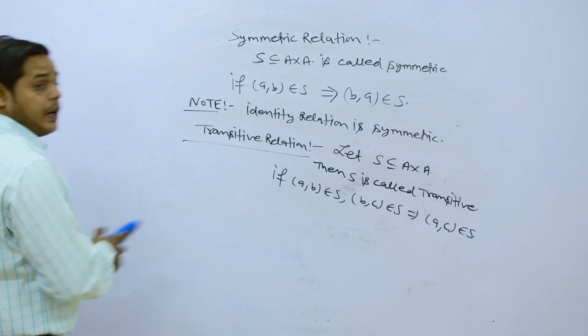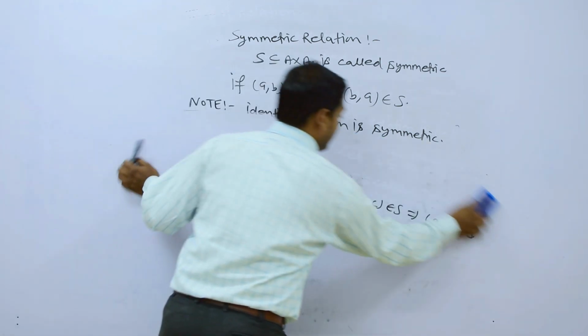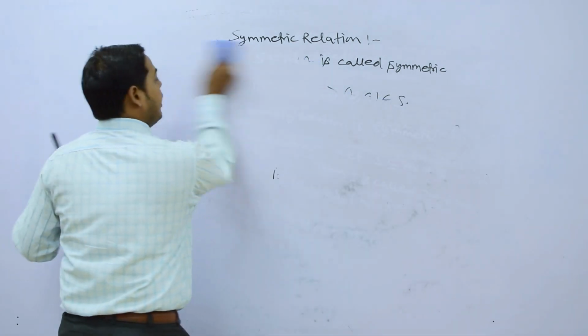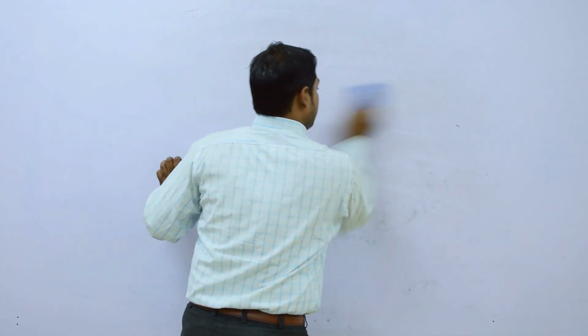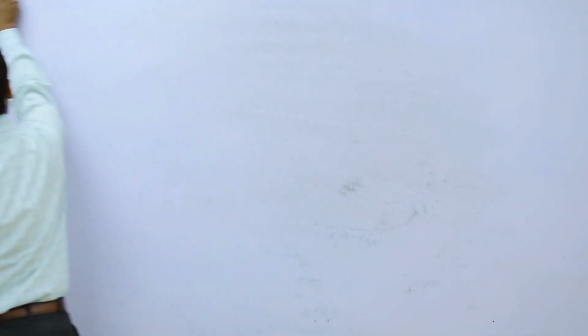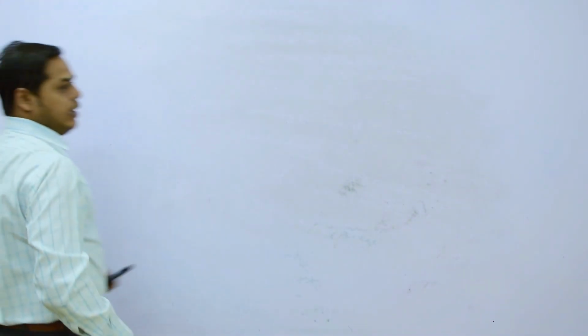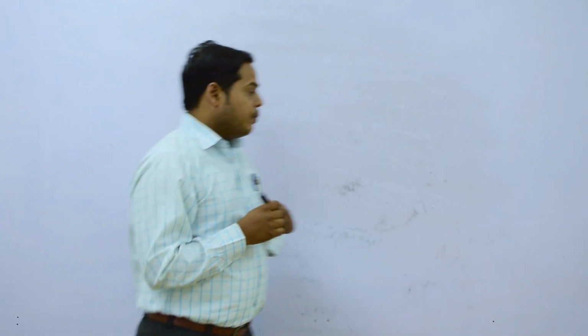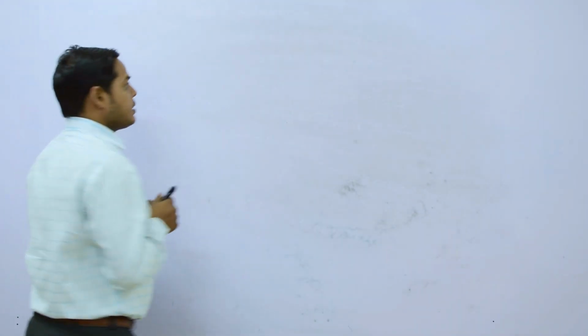Now, a very important term is equivalence relation. If an equivalence relation holds on a set, then we can do a partition of that set. It is the most important application of mathematics.